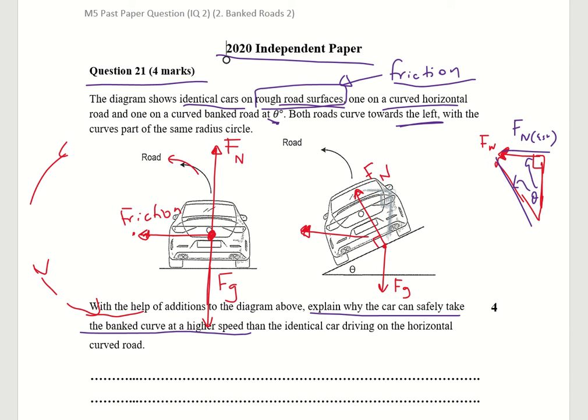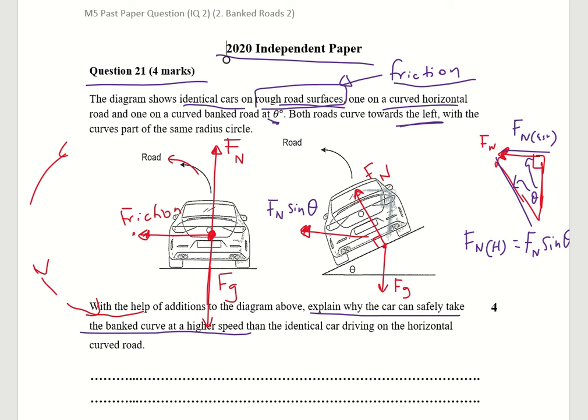So if I want to write that out, it is Fn horizontal, so I'll just call it H, is equal to normal force times sine theta. So that's one component that I need to consider here. So Fn sine theta there.